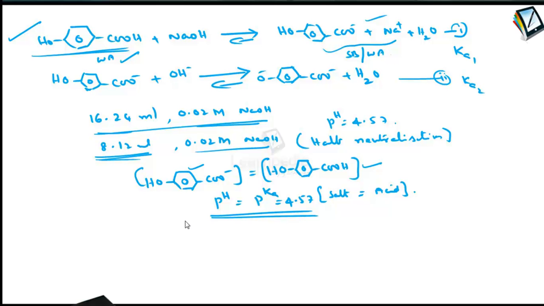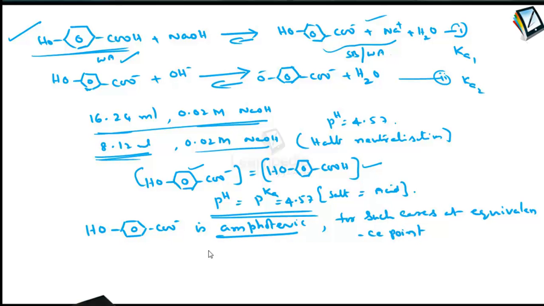Now further you can consider that this para-hydroxybenzoate which is formed is an amphoteric substance. And for such cases, at the equivalence point, this is another one which is to be remembered well, we have pH is equal to (pKa1 plus pKa2) by 2. And what is the pH given at the complete neutralization, or what is called the equivalence point?